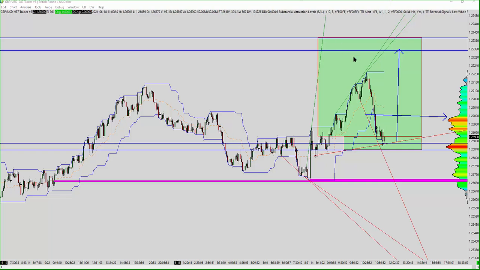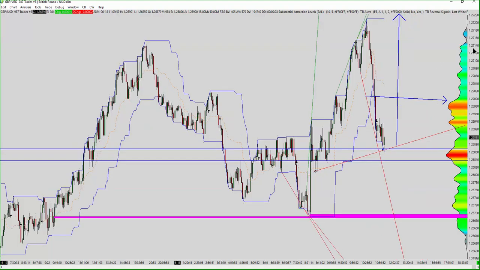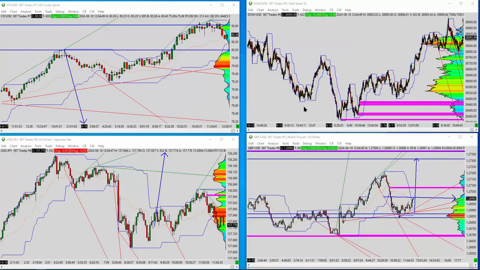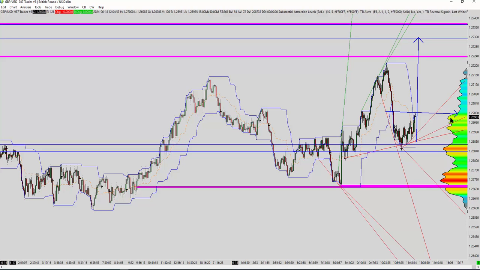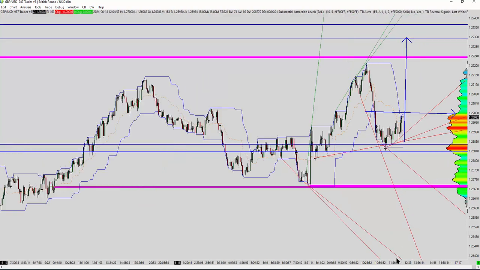Let me remove these boxes, but we understand what they are for now. And this is the move, right? As you see, target 1 should be out here, this level, and see how it's retracing back down after the first hiccup. This was the first major hiccup that we had.